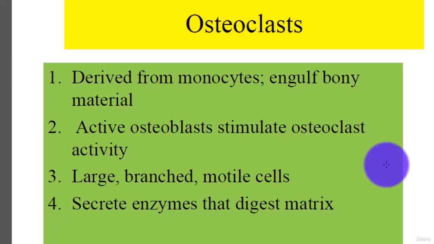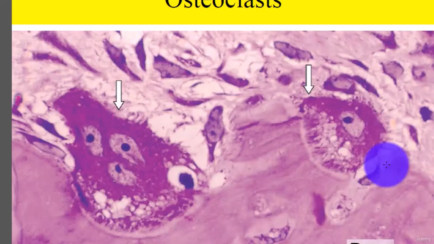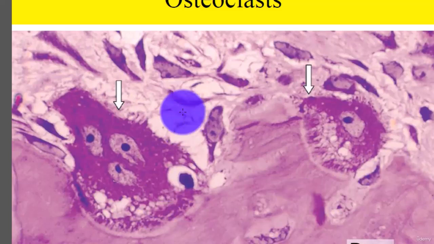Osteoclasts derived from monocytes engulf bone material. Active osteoclasts. Large branched motile cells secrete enzymes that digest the matrix. Bone resorbing osteoclast developing the medullary cavity. Osteoclast, bone.